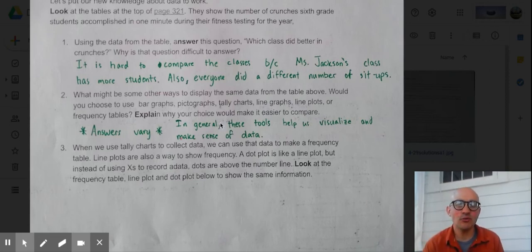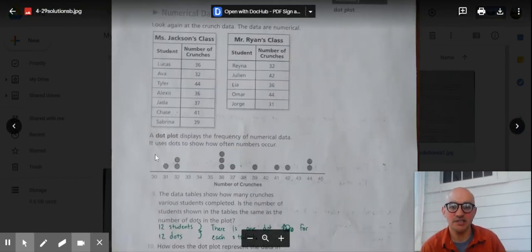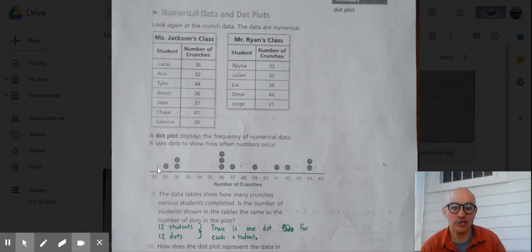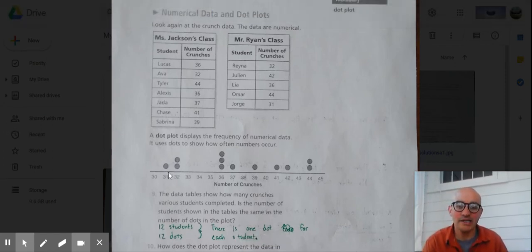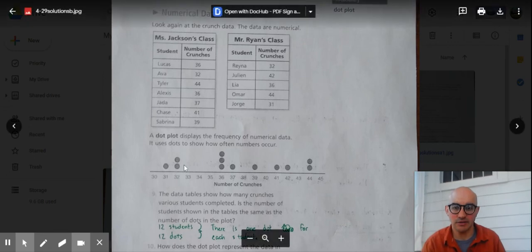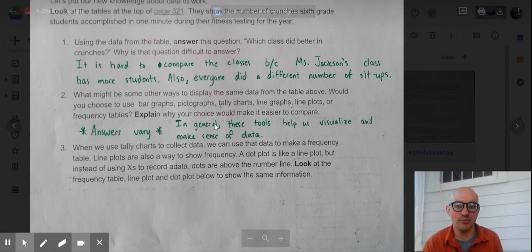But in general, the point of these types of tools is to help us see data displayed. So as I'm looking here at this dot plot, which is what we're focused on today, I can see real quickly that one person did 31, 2 people did 32, 3 did 36, 1 did 37. That helps me organize my thinking a little bit by sorting it out in this dot plot form. So that's just one of the ways in which we visually represent data.